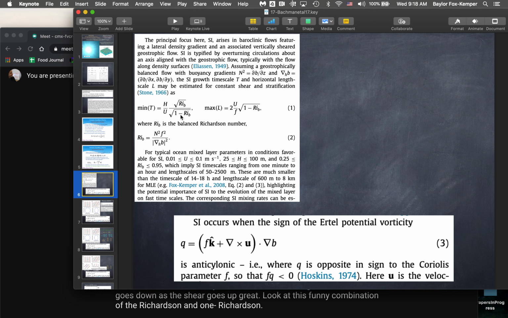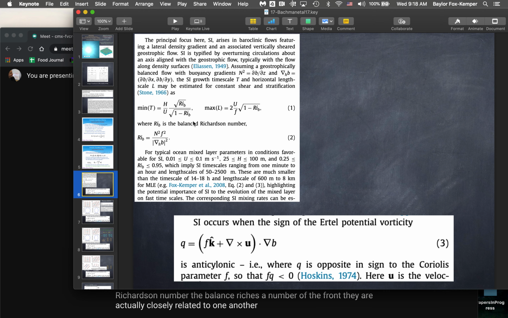So 1 minus Richardson in the denominator is kind of key here, because it turns out that if the Richardson number is greater than 1, these modes are stabilized. There are no growing modes for Richardson number greater than 1. In this limit, when we calculate the PV of a front and the balanced Richardson number of the front, they are closely related to one another.